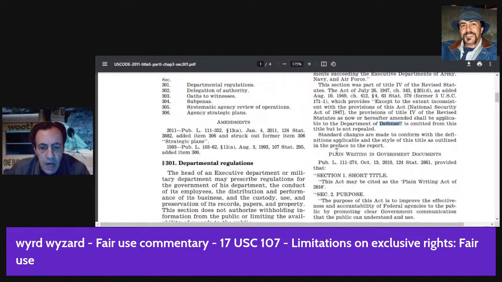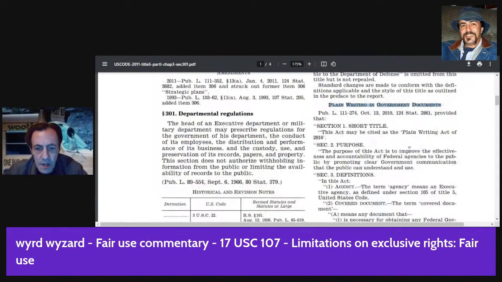In this, we talk about the plain writing in government documents. The purpose of this act is to improve the effectiveness and accountability of federal agents to the public by promoting clear government communication that the public can understand and use.